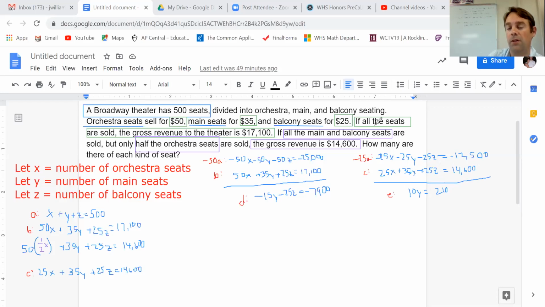I'm loving E because I can just solve it by itself. y is 210. That means I have 210 main seats. So now plug it back into D. You just go straight into it. Let's see if we can figure this one out.